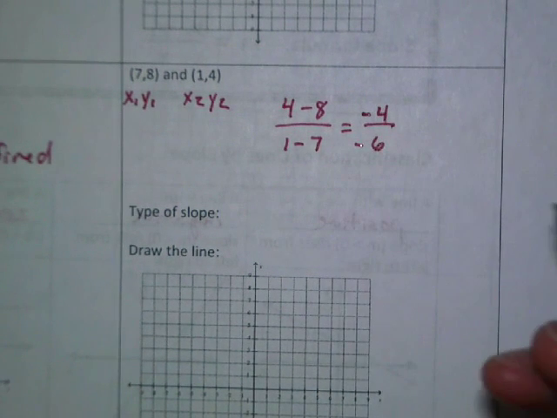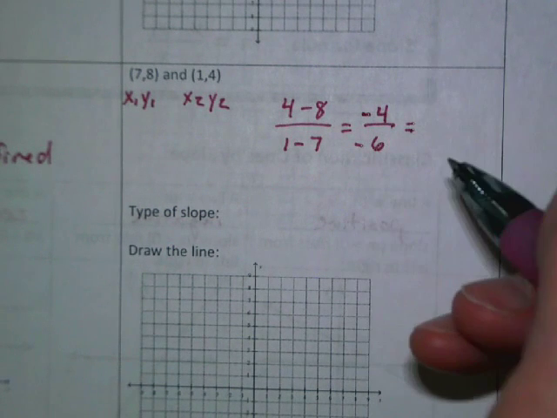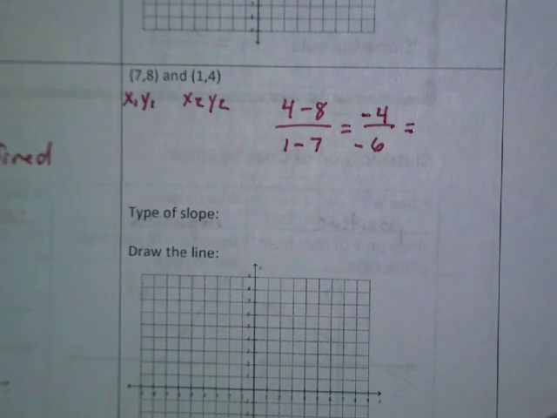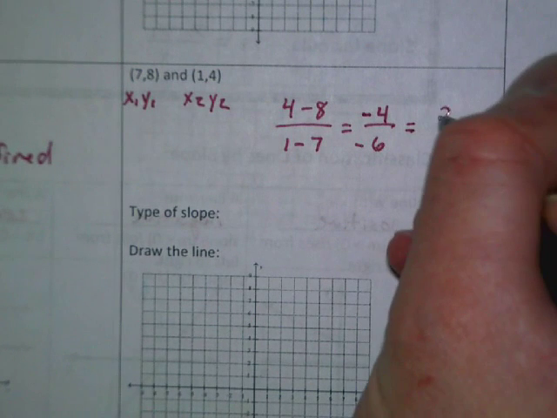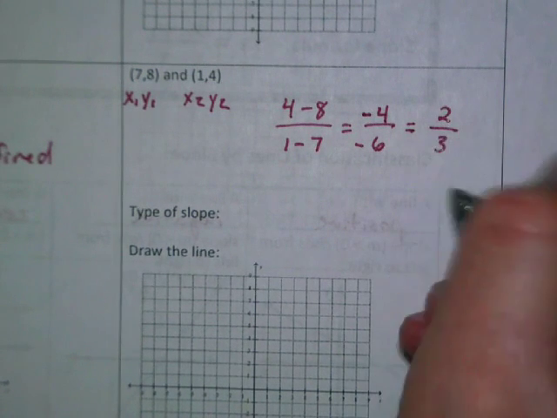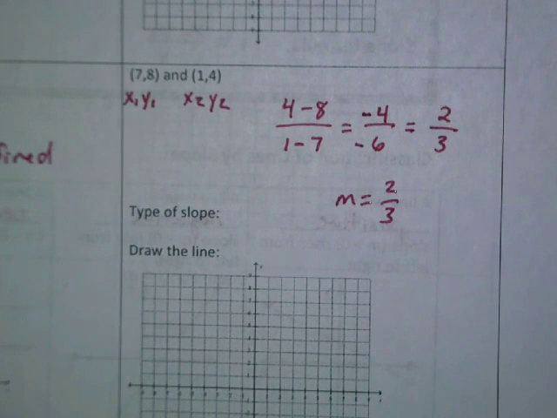Negative 4, and 1 minus 7. Negative 6. All right, so two negatives turn into what? Positive, so we know it's going to be positive. We just have to reduce that fraction. What goes into 4 and 6? 2. So 2 goes into 4 2 times, 2 goes into 6 3 times. So we get a slope of 2/3.